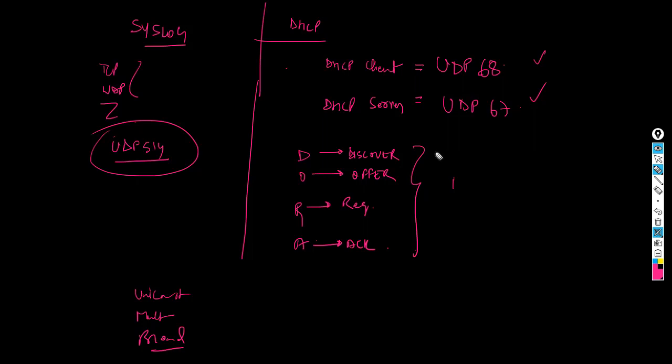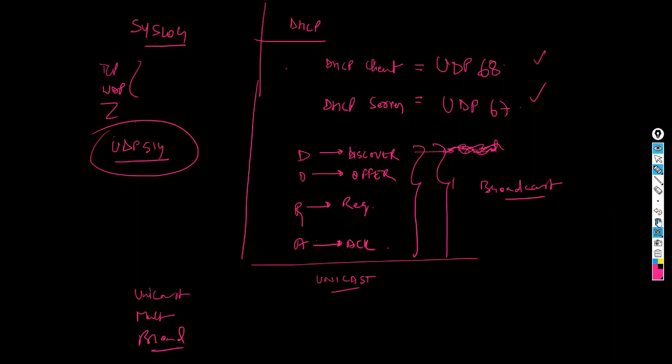Then it'd be unicast after that, or what? Let me write it. The right answer is that all the four steps run on broadcast, and once the IP is assigned, then it follows unicast communication.